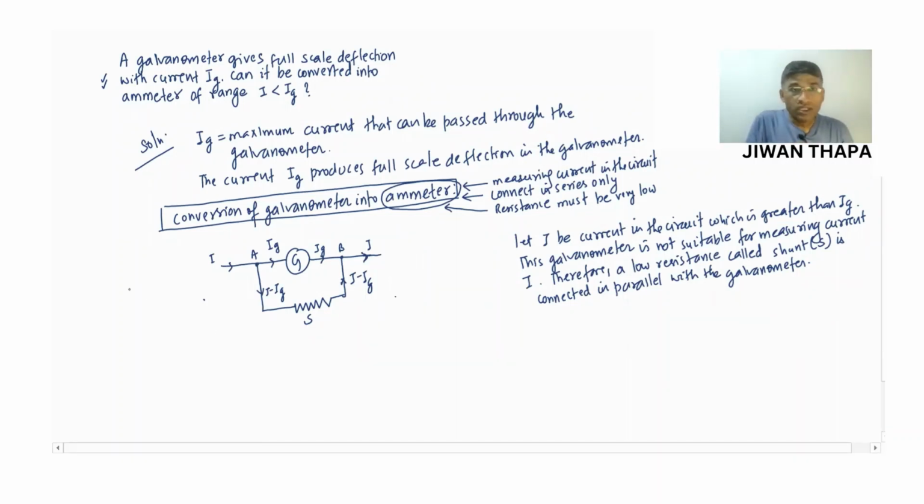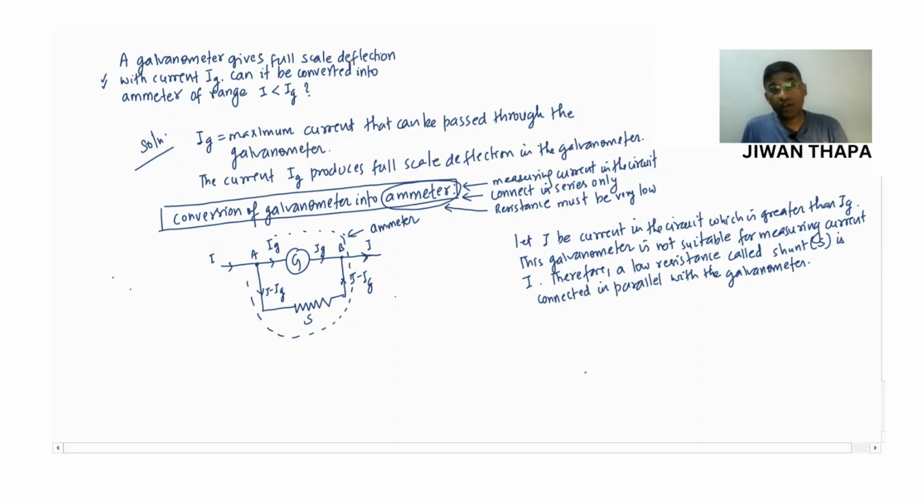Now, in order for this combination, that is the combination of galvanometer and shunt, to be an ammeter, the effective resistance of the combination must be very low. Why? Because an ammeter must have very low resistance. So we need to show that this combination behaves as an ammeter, so that the combination has very low resistance.